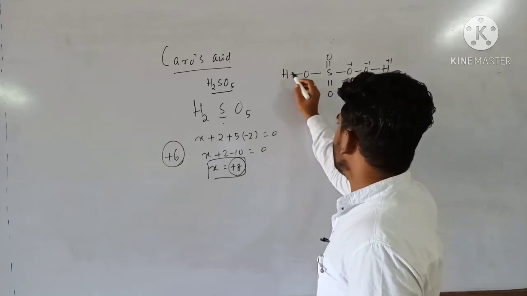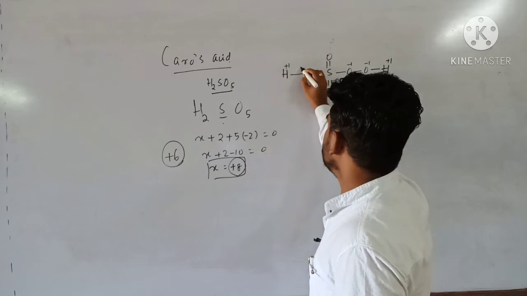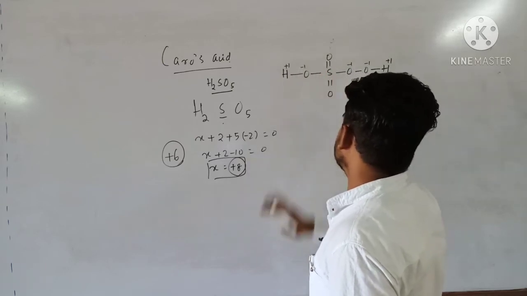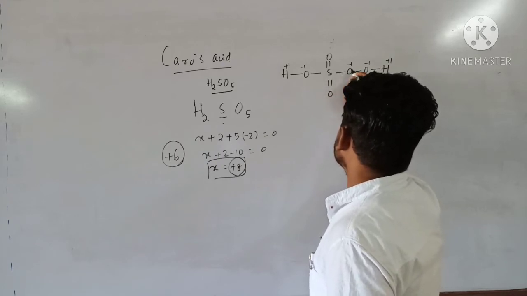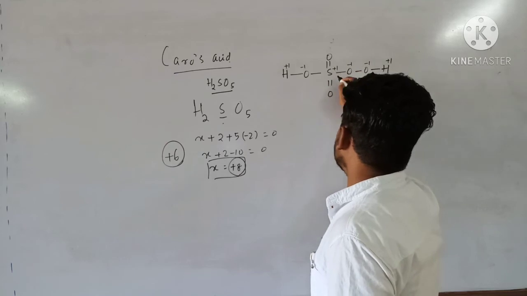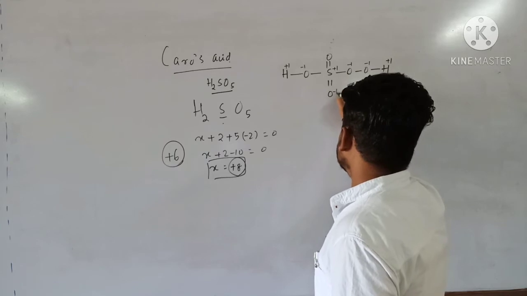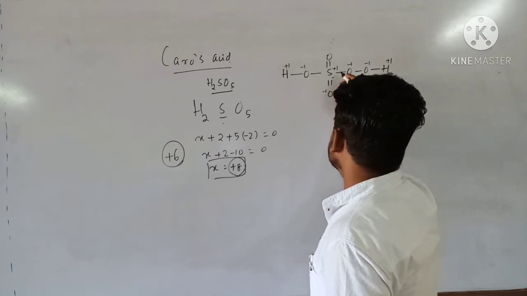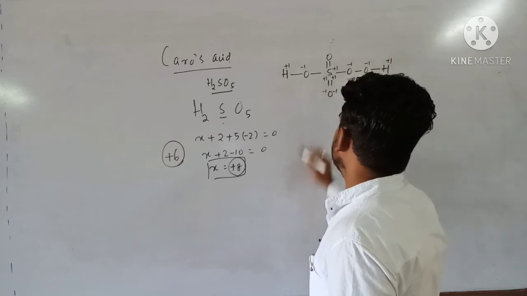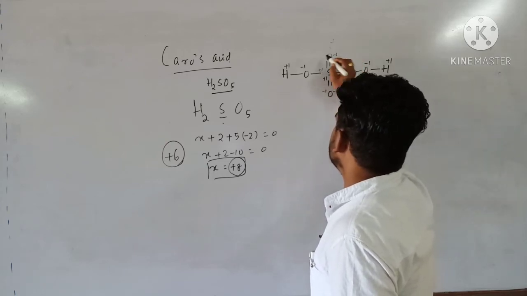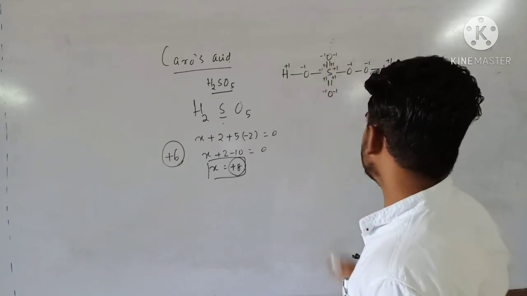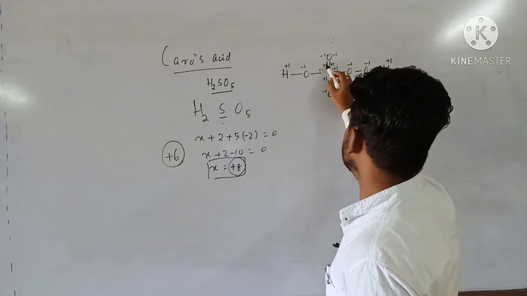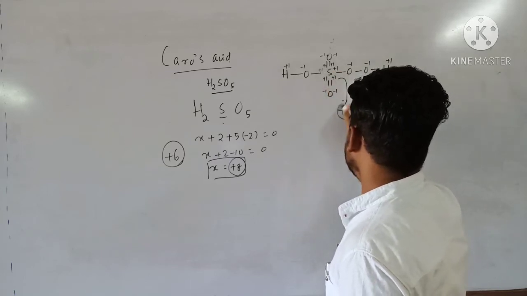And here also the same, hydrogen is +1, oxygen -1. Between sulfur and oxygen, oxygen is more electronegative, so this is -1, so sulfur gets +1. And for the two bonds, this oxygen gets -1, sulfur gets +1, +1. Now just calculate the oxidation number of sulfur over here: +1, +1, +1, +1, +1, +1. So that is +6. Right, now it is possible.